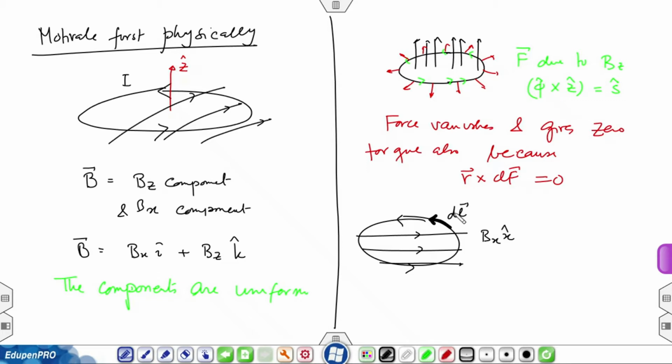Then the force dF is equal to I dl cross B in the x direction. So, this is going to be equal to I dl, which is r d phi in the phi direction, times Bx in the x unit vector, and there is a cross product.